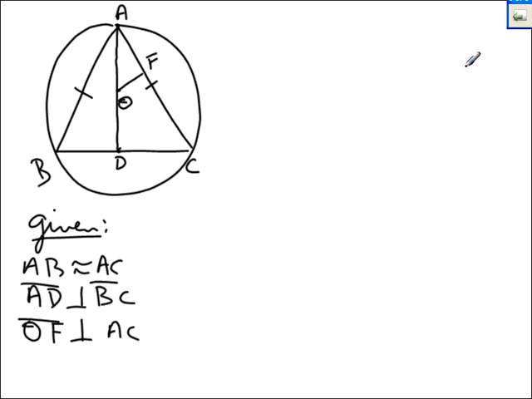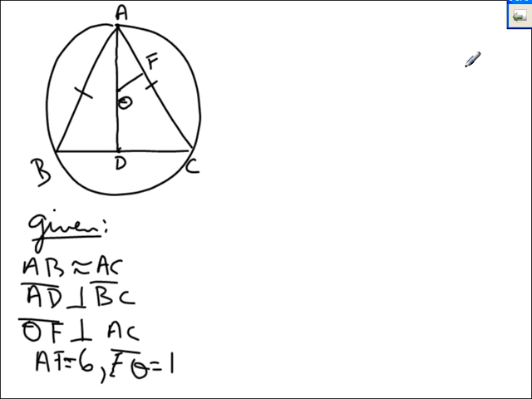Here's F. And you are given that AF is 6 and FO is 1.